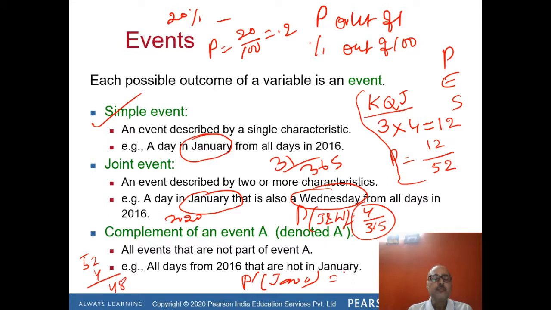So 48 by 365 is the probability of all the events that are not part of January and Wednesday. So you have learned in this PowerPoint that 3 types of events are there: simple event, joint event, and complement of event.